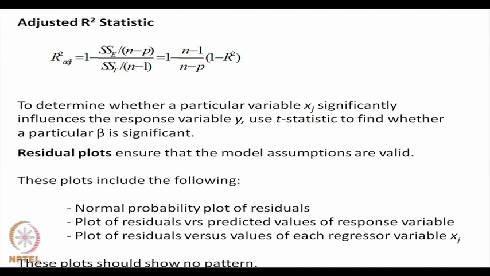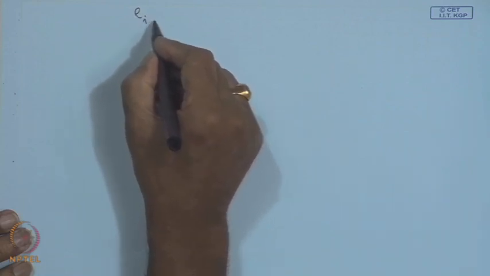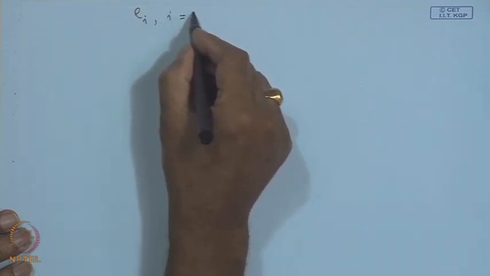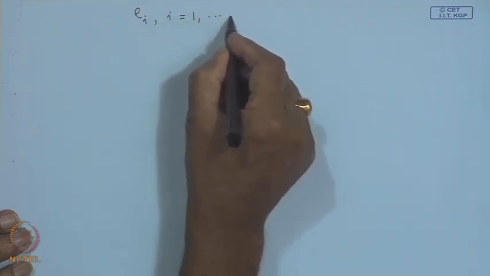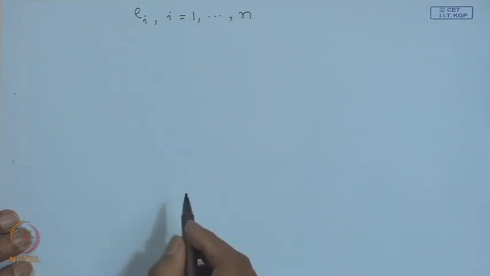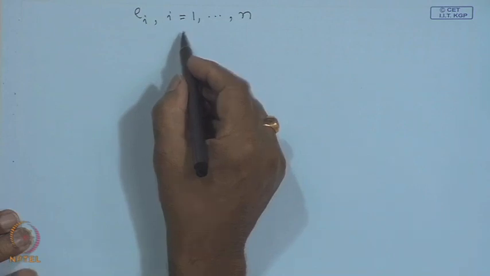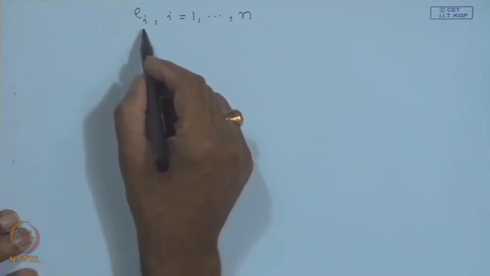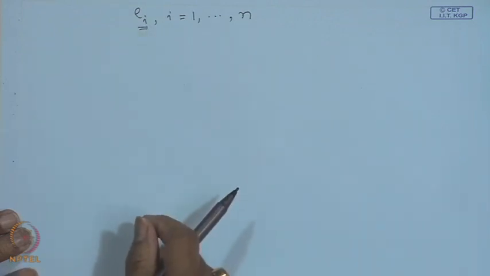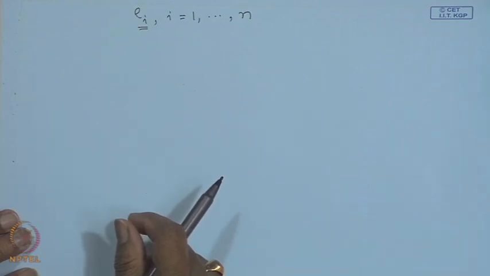Suppose that we have residuals e_i, i equals 1 through n observations. We can now plot e_i as a histogram or as a cumulative distribution function.